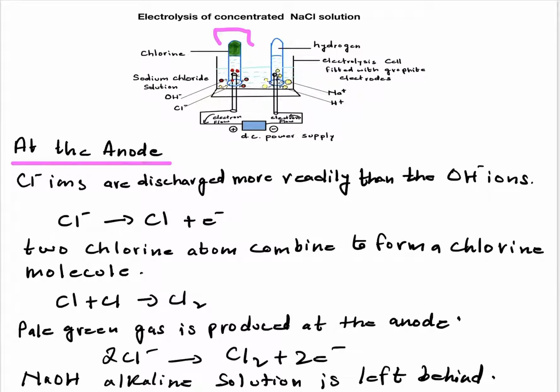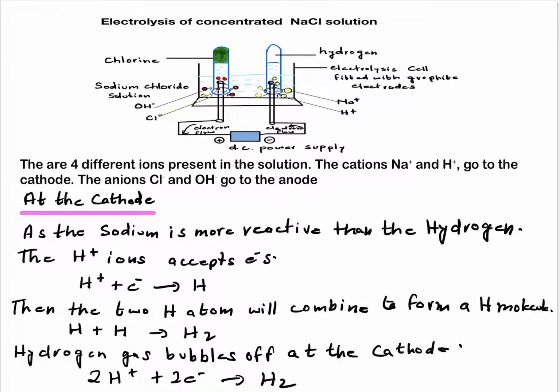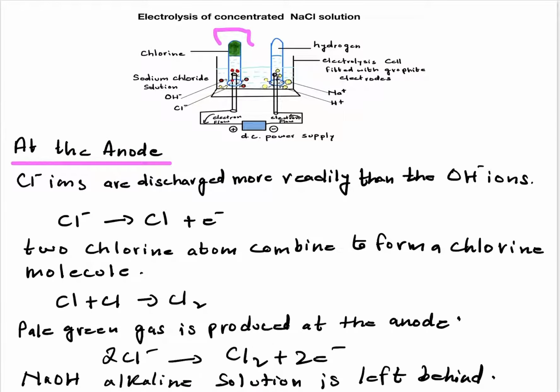So overall, in the electrolysis of concentrated sodium chloride solution, let's start from the cathode. Hydrogen gas is produced at the cathode, and at the anode, we have chlorine gas. Sodium ions and hydroxide ions are left behind, and they combine and form sodium hydroxide solution.